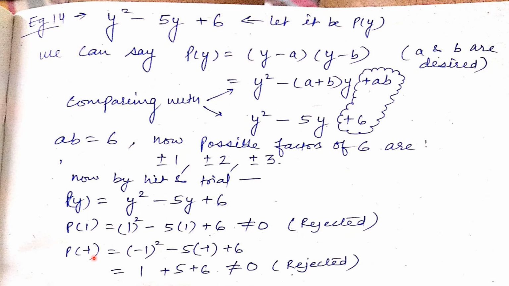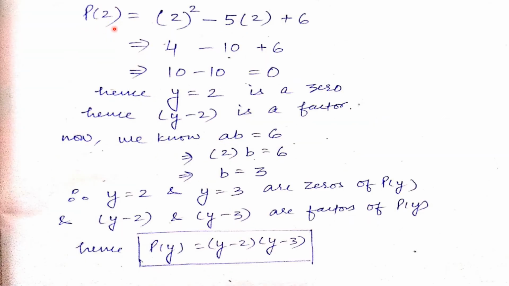Now I'm checking with p of minus 1: minus 1 whole square minus 5 into minus 1 plus 6. I got 1 plus 5 plus 6. Obviously, all three are positive, so we will not get 0. Again, rejected. Now, p of 2 I'm checking. 2 square minus 5 into 2 plus 6. I've got 4 minus 10 plus 6, 10 minus 10, 0. So, y equal to 2 is a 0 of this polynomial.